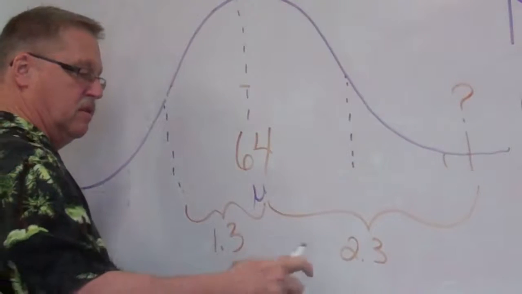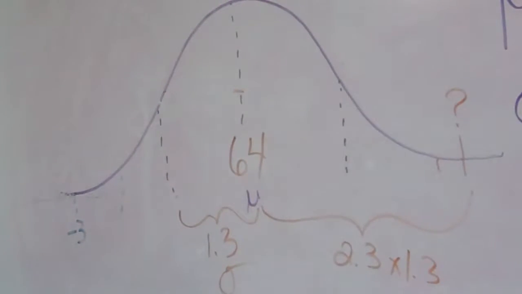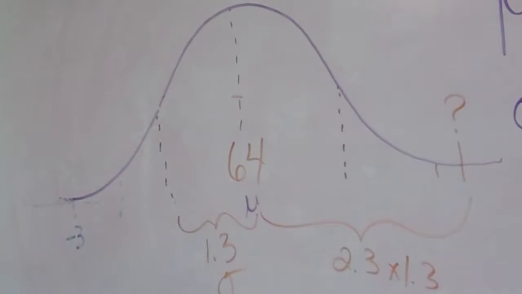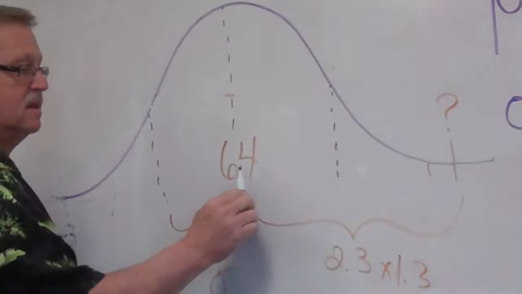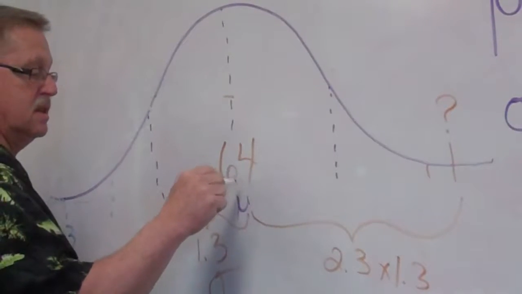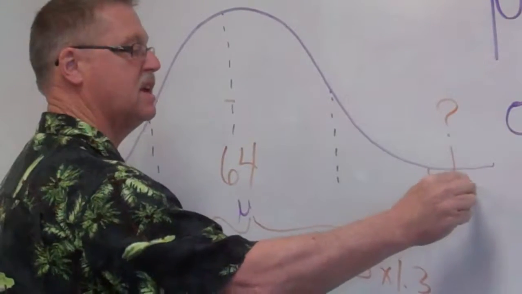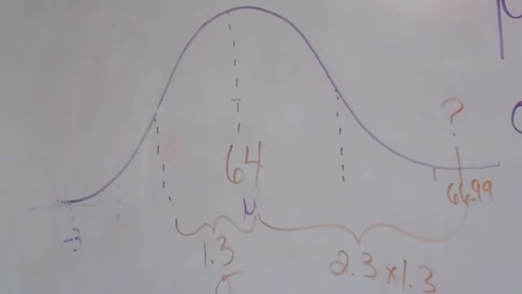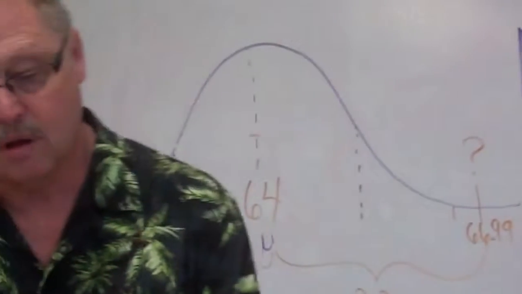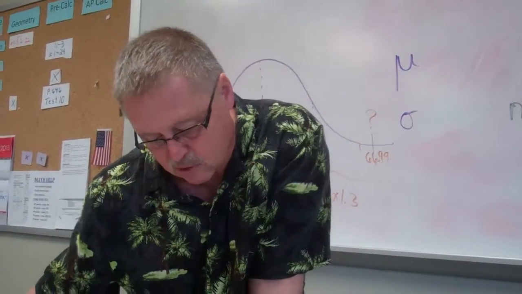So can you do the 2.3 times 1.3? 2.99. So that's 2.99 to the right of this. So I think we're talking about 66.99 will be the spot that they're talking about. That's the x they are asking for, 66.99. Answer books say 66.99.